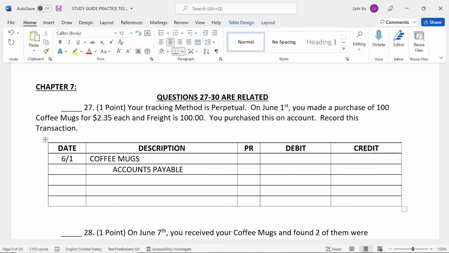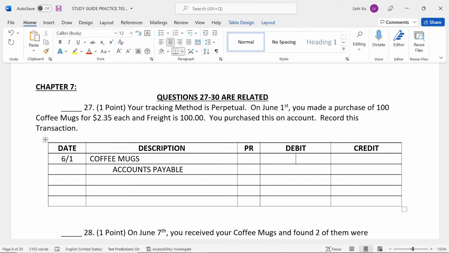Now, I bought 100 of these coffee mugs at $2.35 each, and the freight was $100. So what's my total amount of inventory and the total amount that I owe? It's 235 times 100.